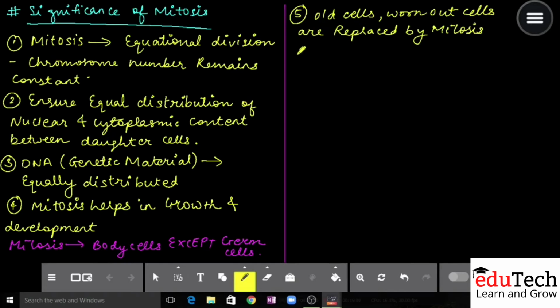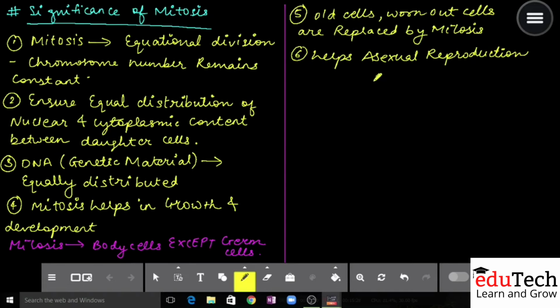Yes. Now it also helps in asexual reproduction, where there is no gamete involvement. There is no two different male gamete and female gamete. Asexual reproduction is the simplest kind of division.